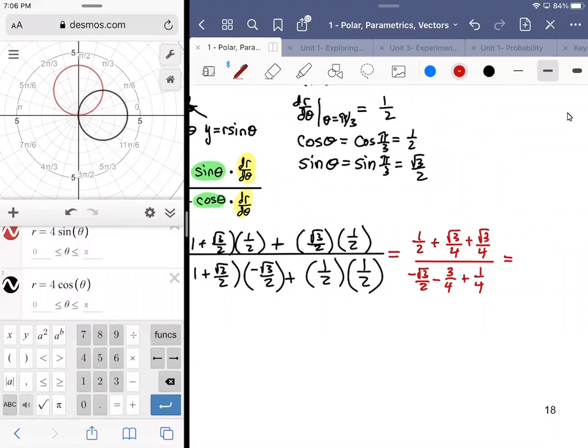All right, so when I put these two together, I'm going to get 2 radical 3 over 4, which is going to simplify down to radical 3 over 2. So 1/2 plus rad 3 over 2.